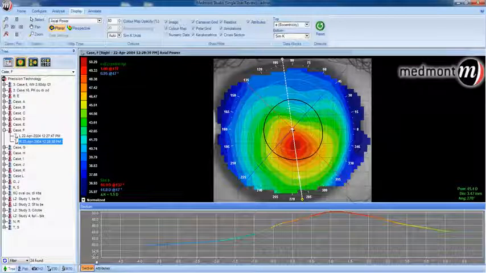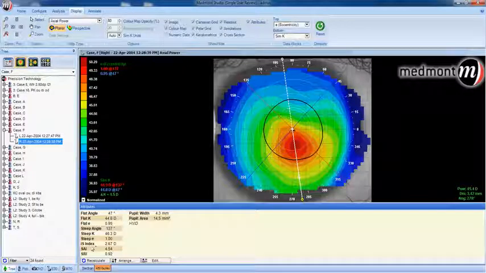Another method of determining if this is a diseased or asymmetrical eye is to click on the attributes and look at the IS, the SAI, and the SRI value. The IS value looks at the inferior cornea versus the superior cornea and asks what the average inferior corneal power is compared to the average superior corneal power.